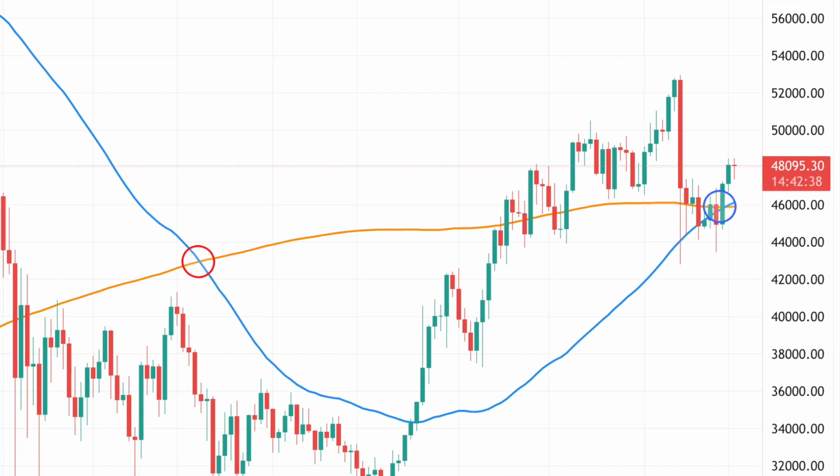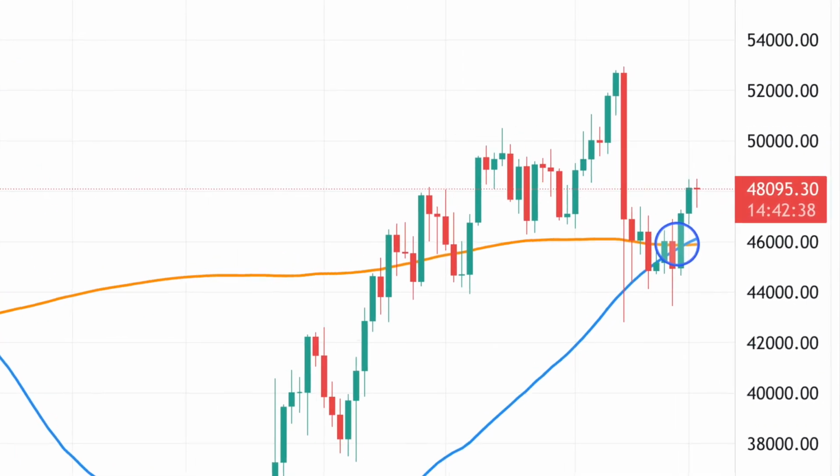When the short term goes above the long term, we call it a golden cross or a bullish cross. It's not only used on price, but also, for example, with the hash rate, right? When the hash rate goes down, we get an inversion. When the short term goes above the long term, we have an uptrend in the hash rate again.